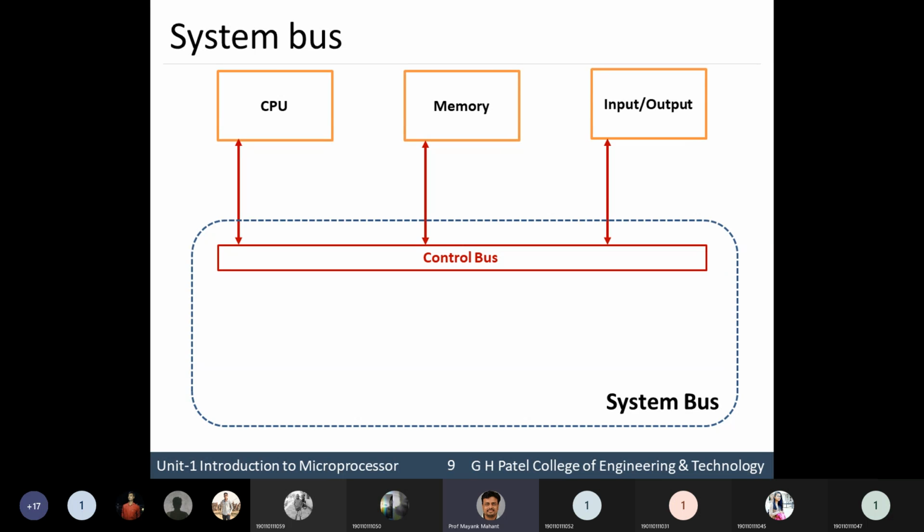First, the control bus. This control bus has connectivity from the CPU to the memory to the IO section.